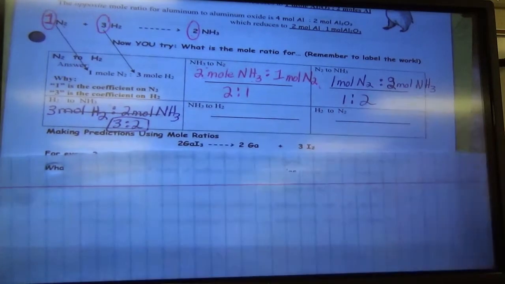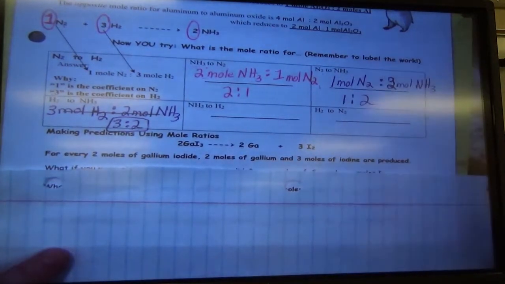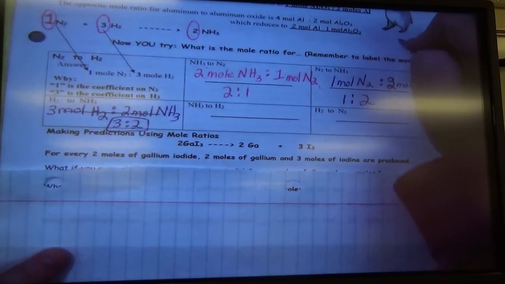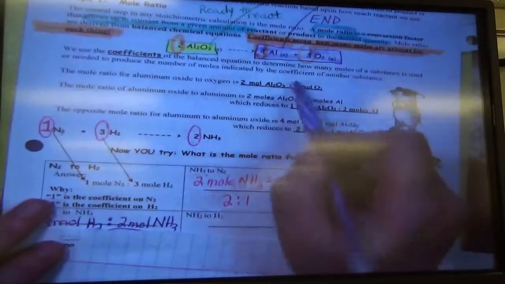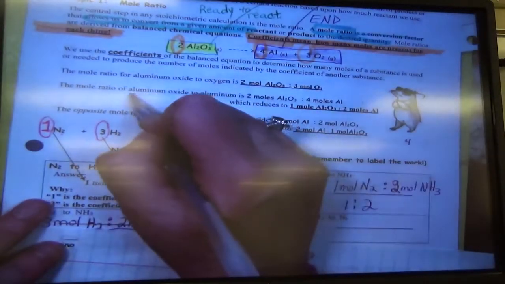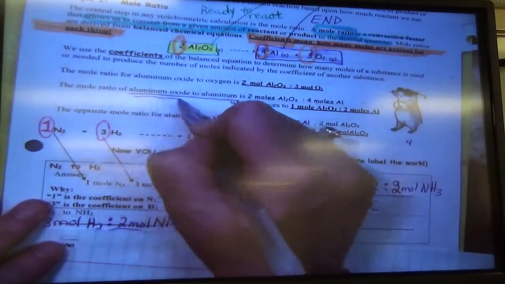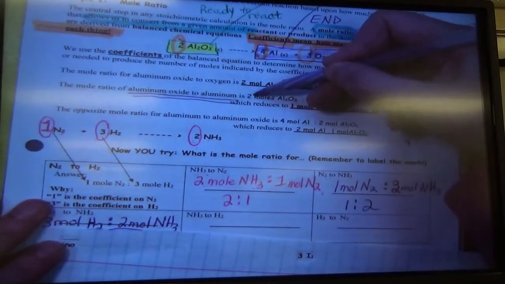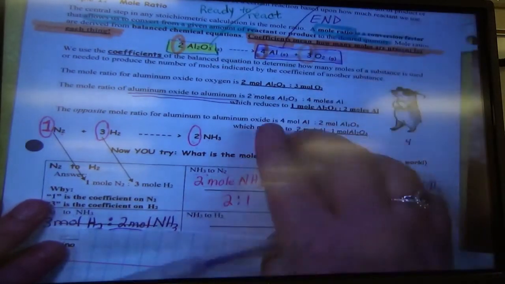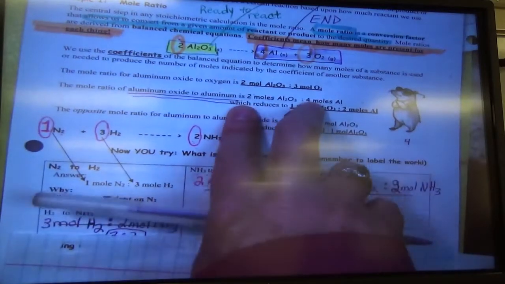Like if there was a question at some point that said 4 to 2, or actually there's one right here. Here it says, for this equation, aluminum oxide to aluminum, okay? Aluminum oxide is a 2. Aluminum is a 4. 2 and 4. We can reduce that, can't we?